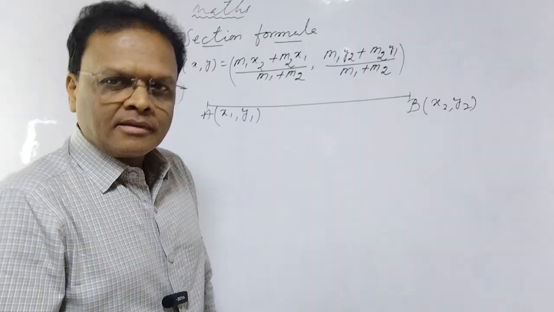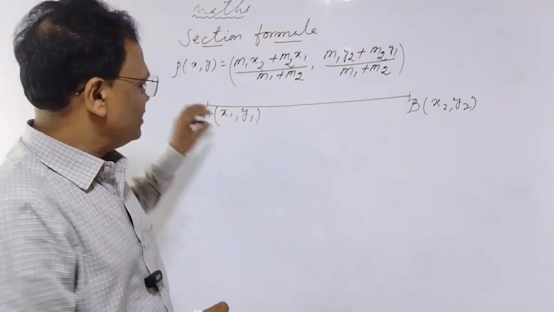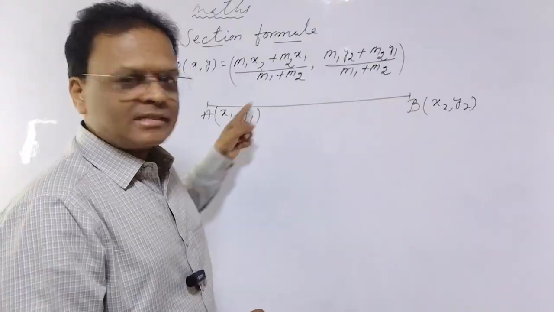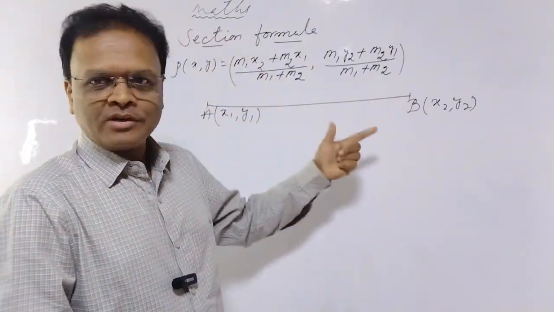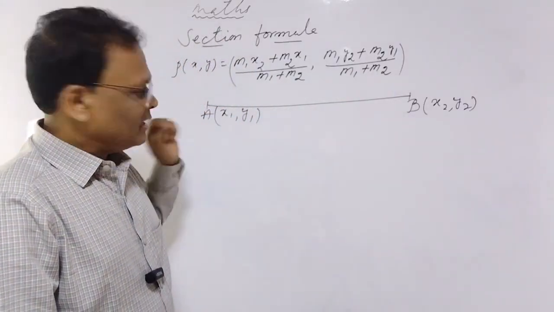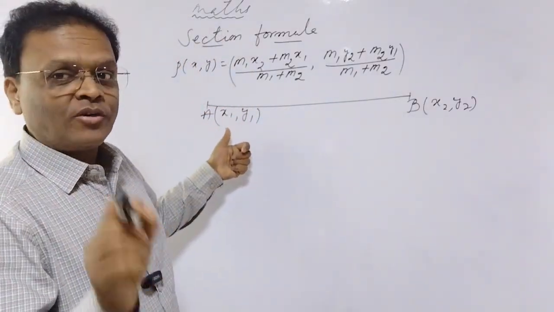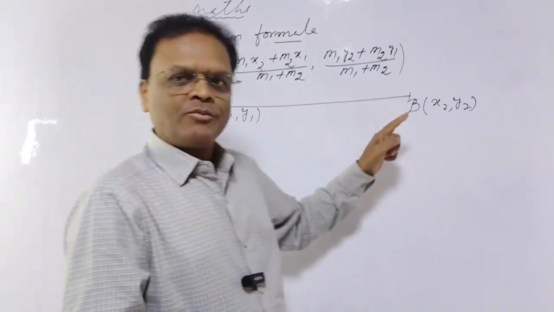So A and B are the end points of this line segment. If I join these two points A and B, it becomes a straight line. The coordinates of A are (x1, y1), and the coordinates of B are (x2, y2).